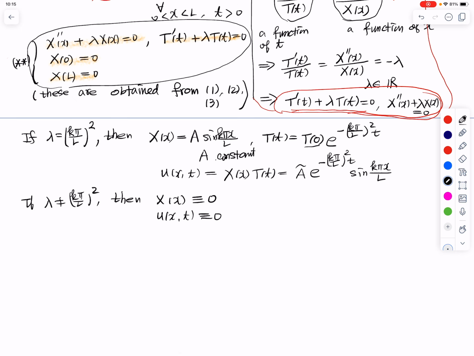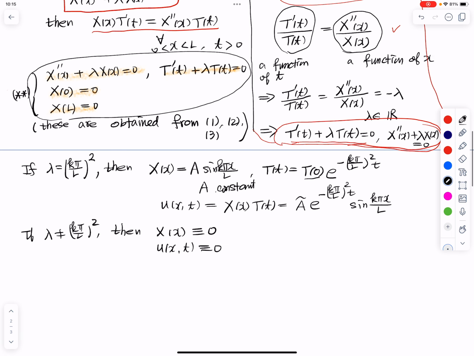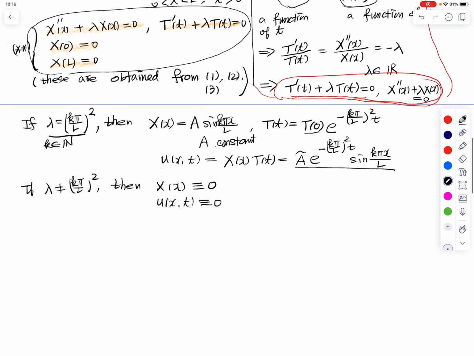This is not what I want. So the only solution of star is lambda equal to k pi over L squared, and then u(x,t) is this. So we have many different solutions. Here k can be any natural number.